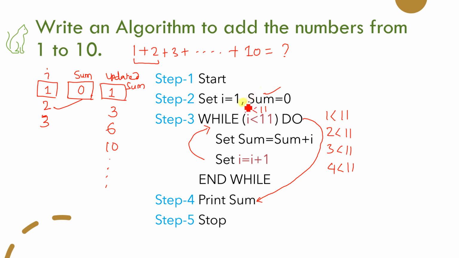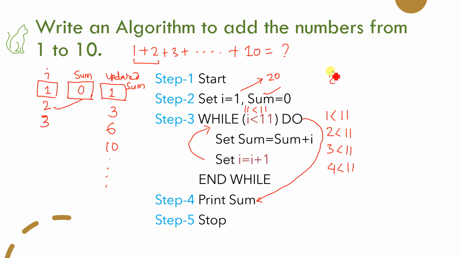Now I am trying to solve another problem here. Suppose somebody asks you to write an algorithm to add the numbers from 20 to 30. What changes must be there in the algorithm? Obviously you want to add from 20 to 30, so I must be initialized to 20, and the condition will be changed accordingly.